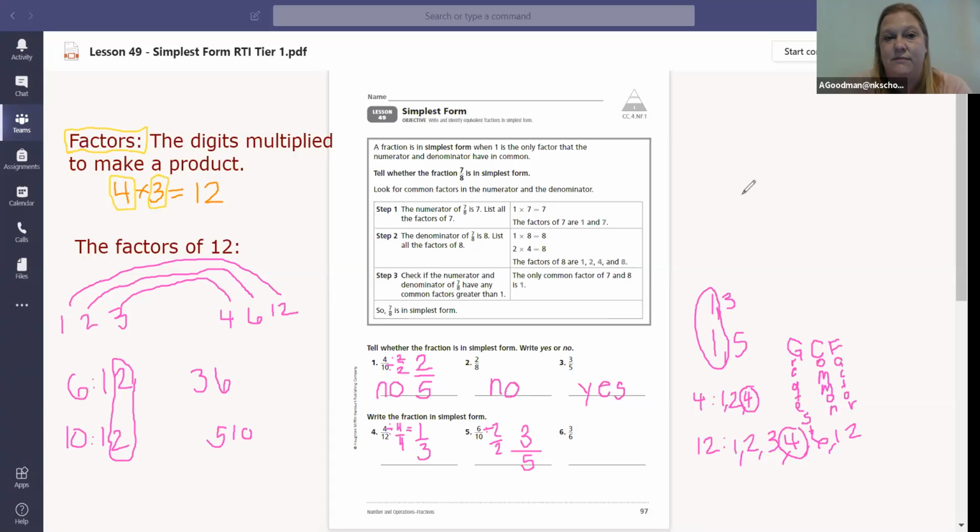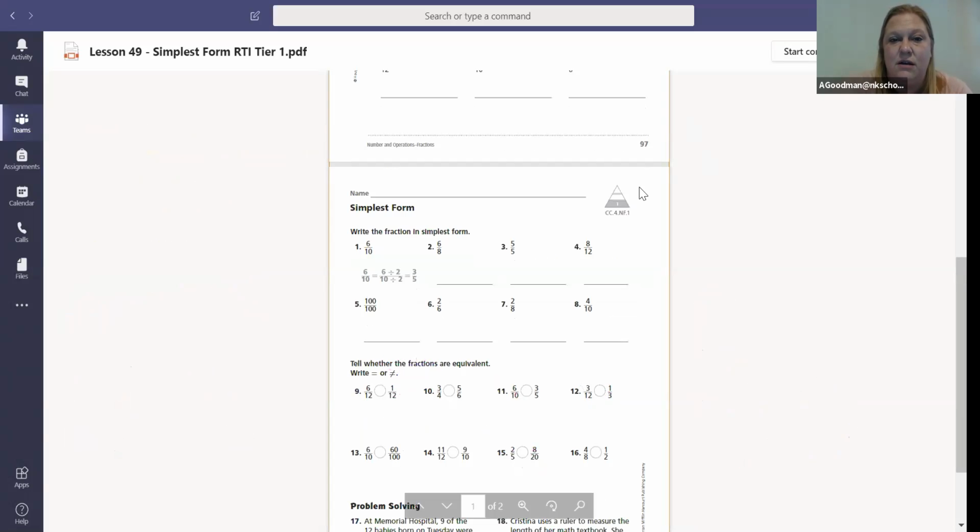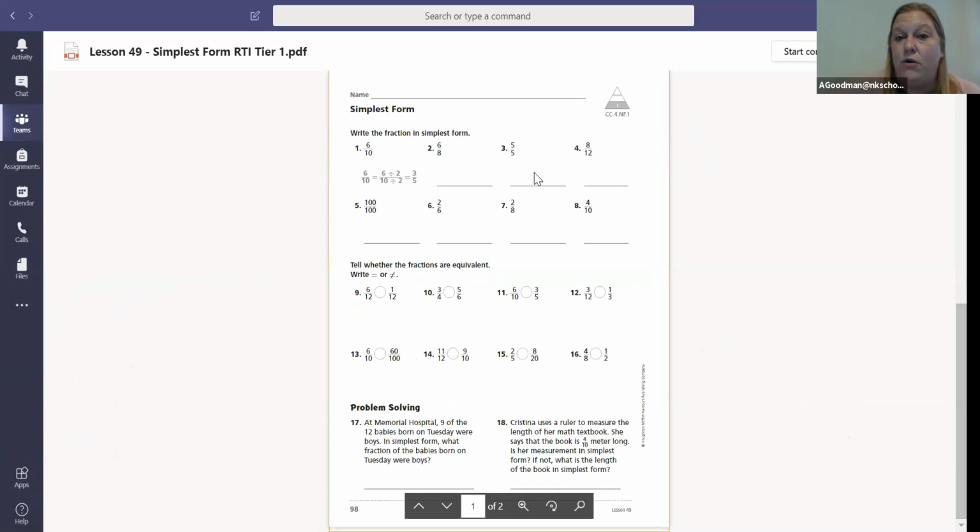You do this one, and let's take a look at the next page. You can do all these. Write this fraction in simplest form. Find the greatest common factor and divide. We're always dividing.